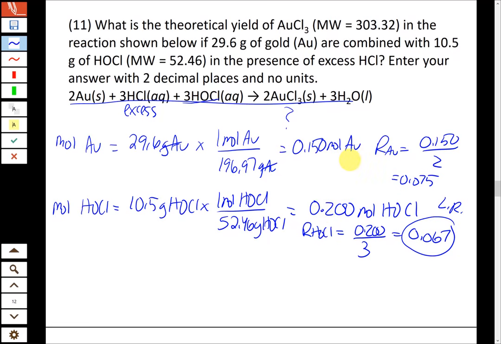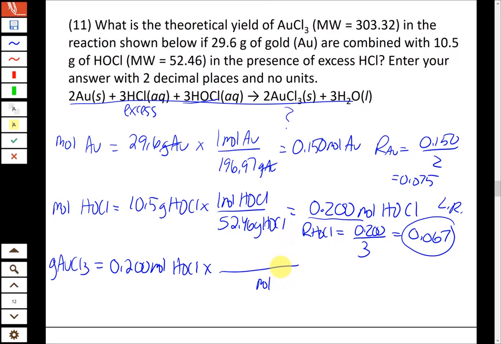So what we're looking for is the theoretical yield of gold chloride. So that's going to be the mass of gold chloride that can form using stoichiometry. And we're going to start with the amount of our limiting reactant. So we could start with this mass, but we already calculated moles. So let's just start there to save a step. So we have 0.200 moles of HOCl. And then from the balanced equation, we can convert into moles of gold chloride.